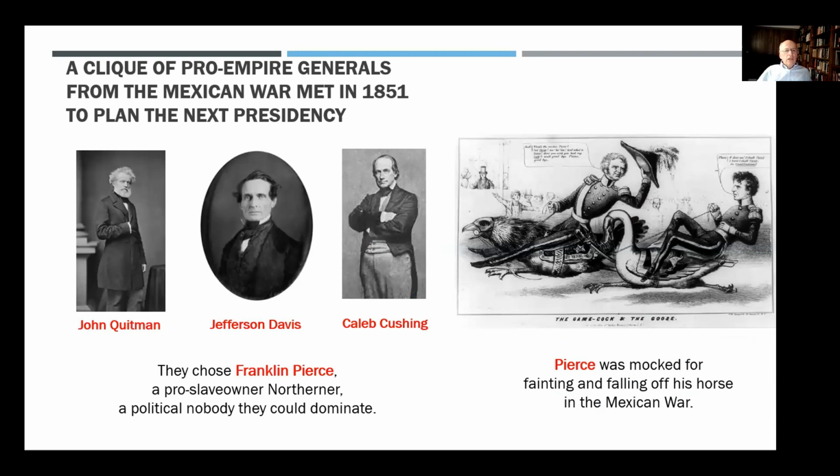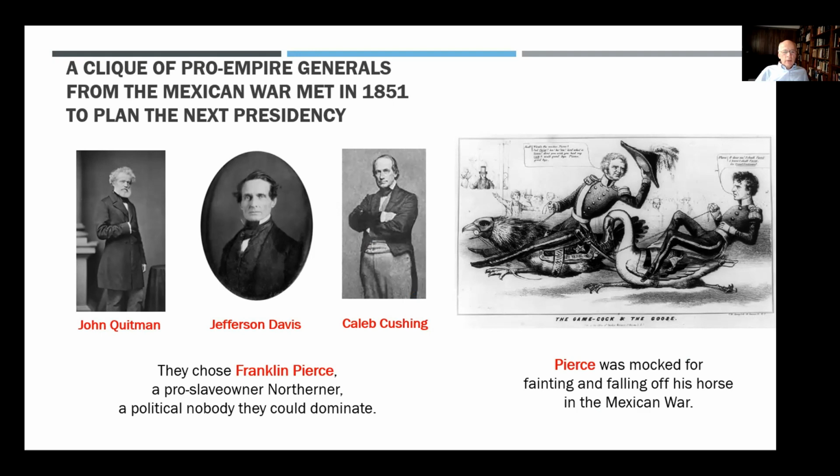So a group of the generals on the enemy side, on the pro-imperial side, met in 1851 to plan the next US presidency. The most important leaders of this were these three generals from the Mexican War: John Quitman, whom we just met; Jefferson Davis, you know him later on, he was a senator from Mississippi. Later on, he became the president of the Confederacy; and Caleb Cushing, little known today, but a very important man in US history.